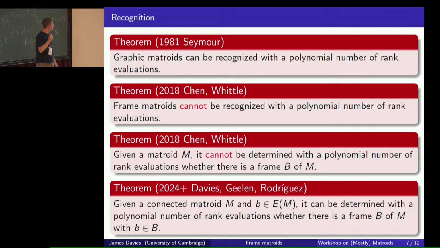The algorithm for proving this is quite basic and naive. I won't go into much detail, but it's one of these where we go down to a wheel or whirl through contractions or deletions, and then we go back up, keeping track of our representations. For a naive algorithm like this to work, you really need to understand your inequivalent representations well. And this is what our real theorem is.